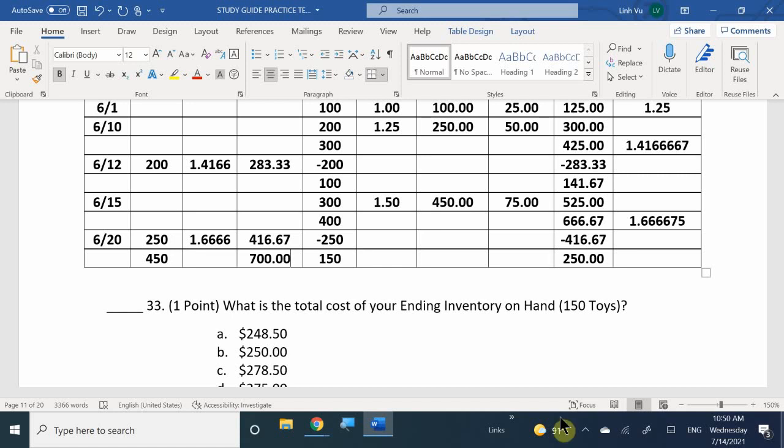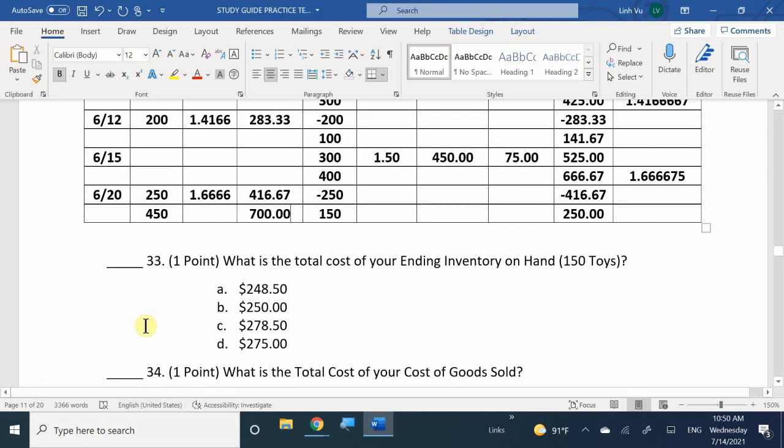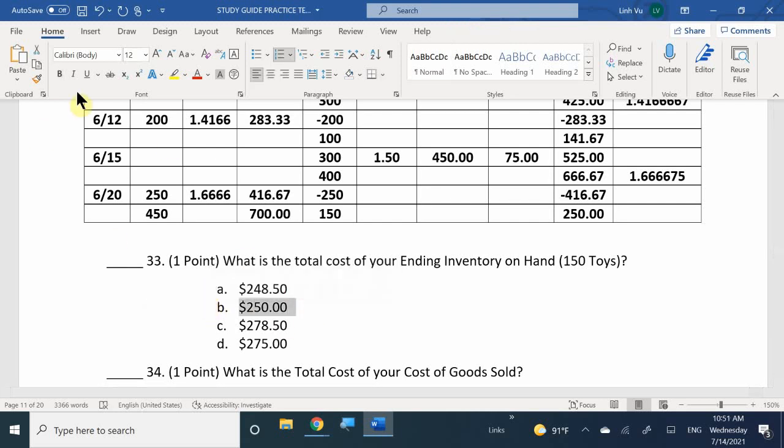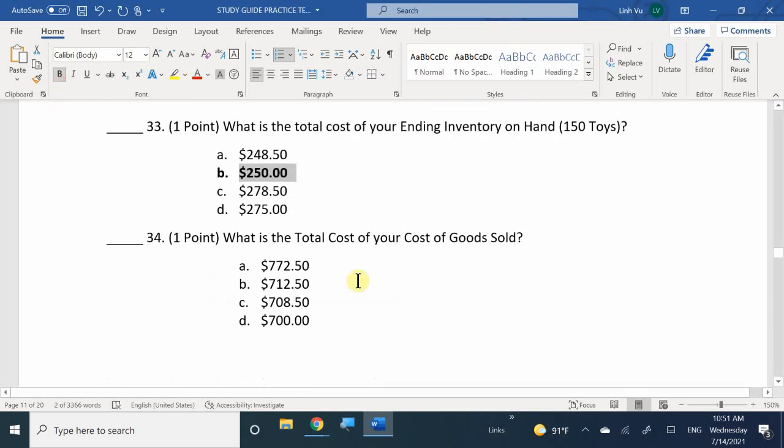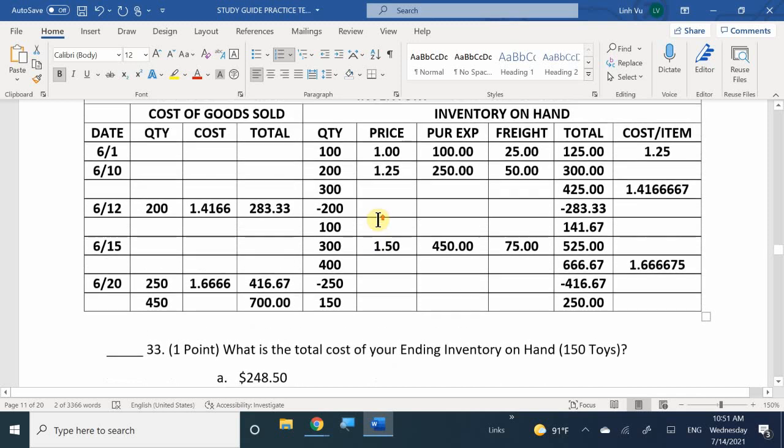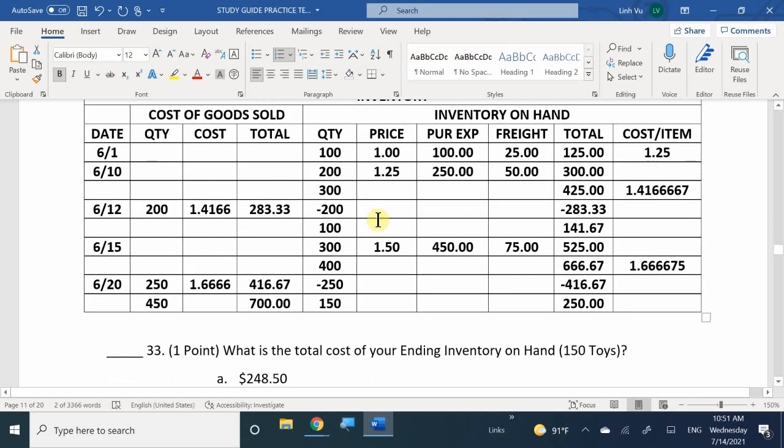Okay. So let's go ahead and take a look at the questions. Number 33. What is your total cost of goods sold? I'm sorry. What is your total ending inventory? Boom. B. 250. Okay. And then we get what is your total cost of goods sold? Boom. 700. Okay. So once again, unless I specify in the example to round at the nearest penny, whatever it is, then you round.